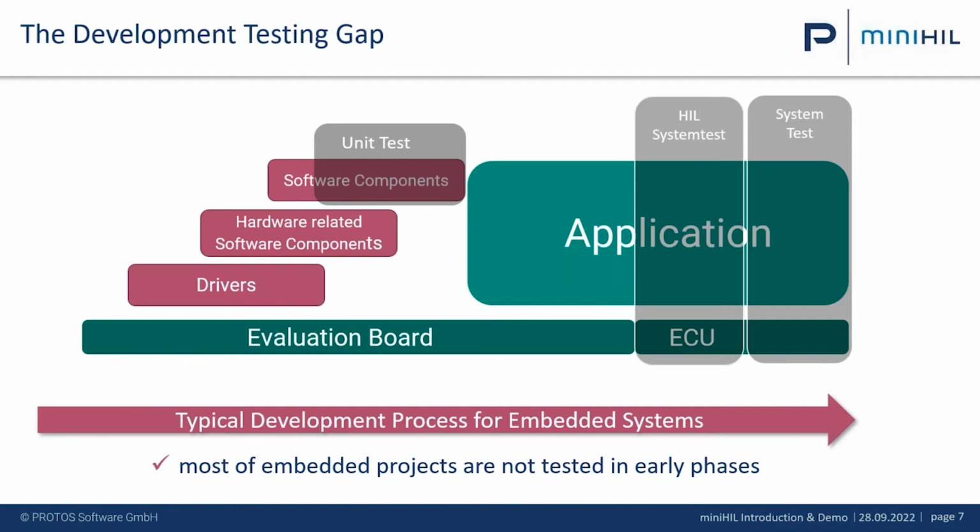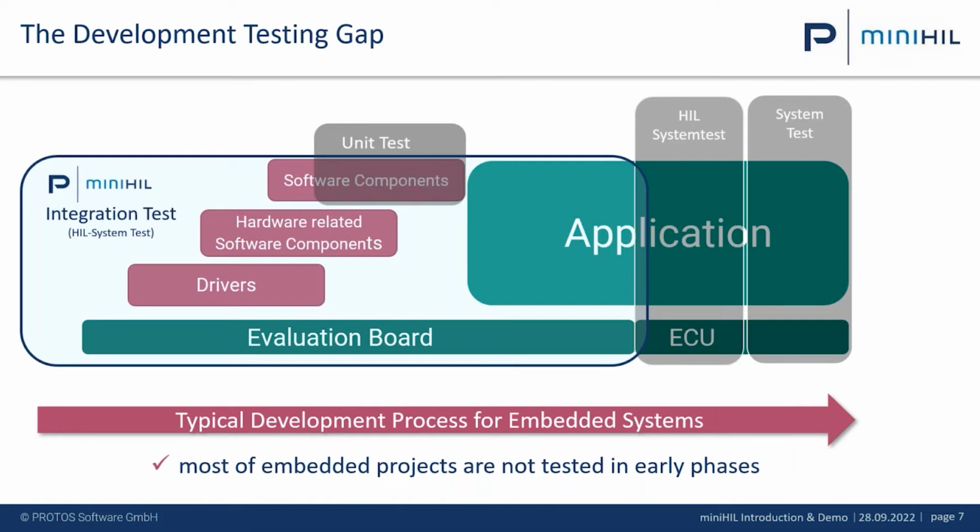The problem with those approaches is they are usually very late in the process. So they are done in another department, and they're usually too late for the software developer or for the developer of the embedded systems. And what we do is we focus with the miniHIL on the integration test or a HIL system test early in the process, so completely during the whole development process with automated testing.